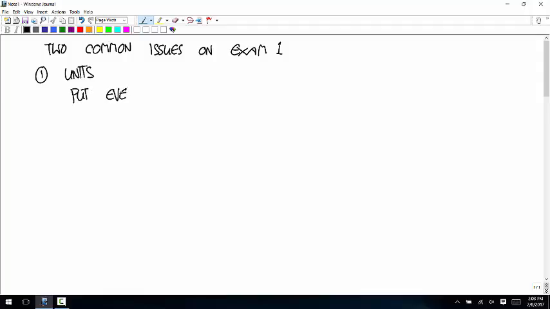So put everything in SI units before the calculations. And then at the end, if you want to change it back to gigapascals or megapascals or whatever, you can do that.